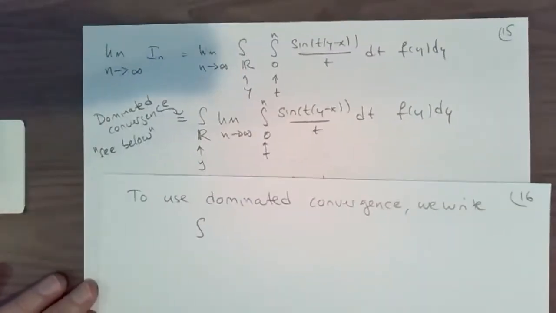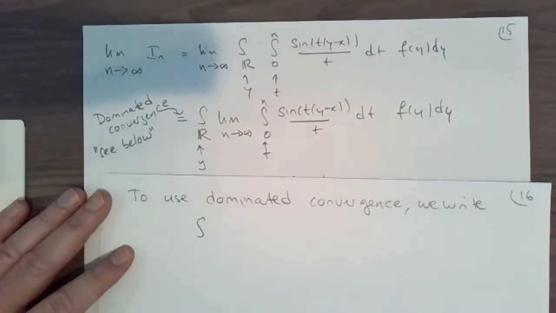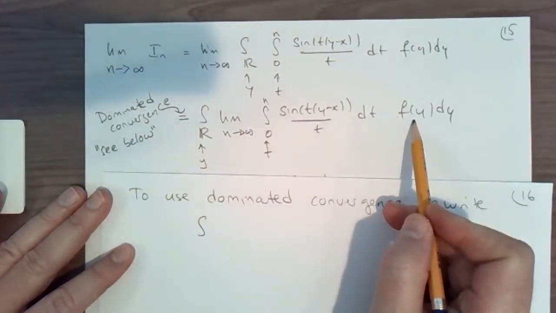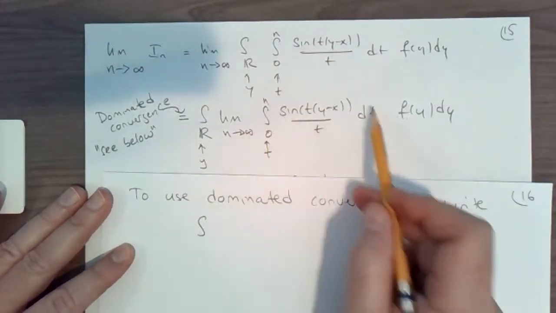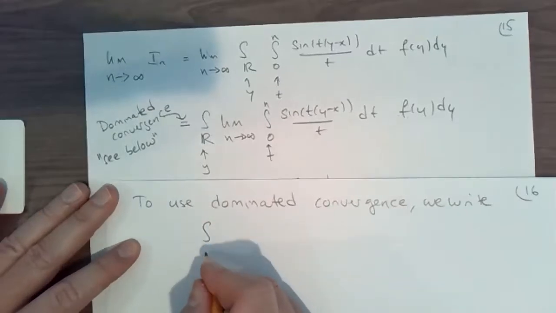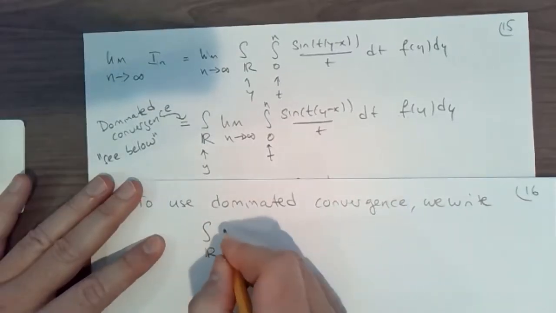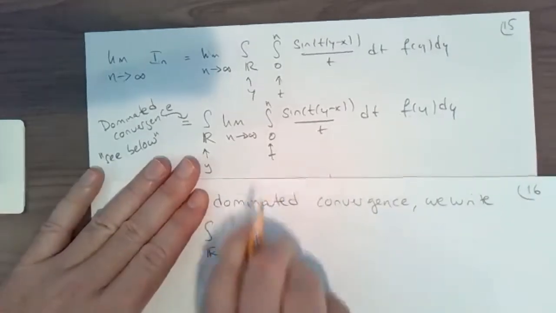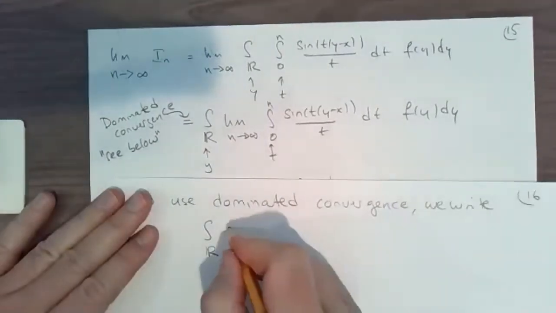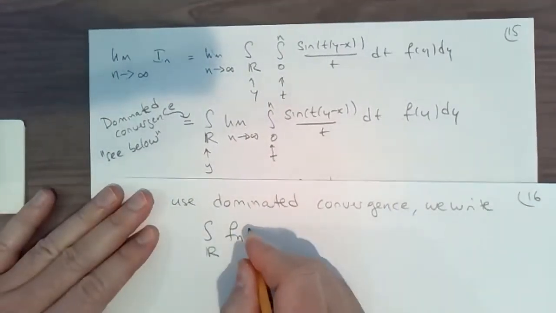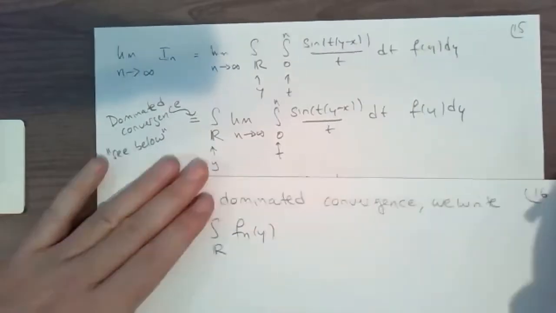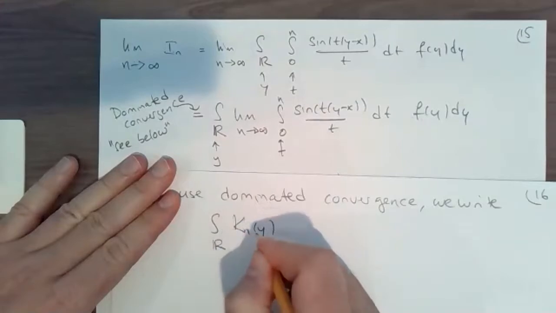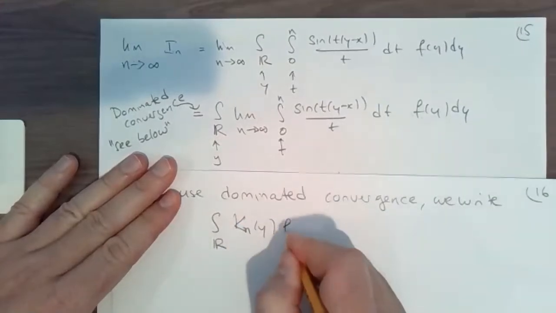Bring it down here. How does it look like? We have an f, and then we have a function here of n. So let's write this integral over r, and then we write this here as, okay, call them f_n of y. I shouldn't call them f. This is also called f. Let me call them something else. Call them k. K_n of y, f of y.